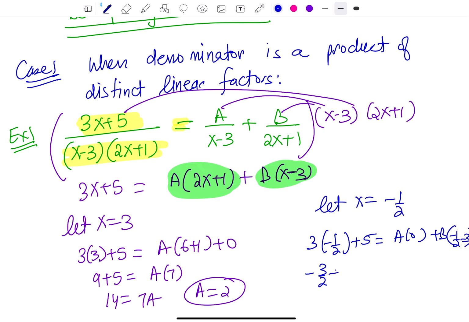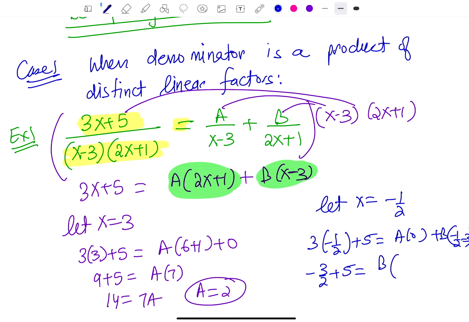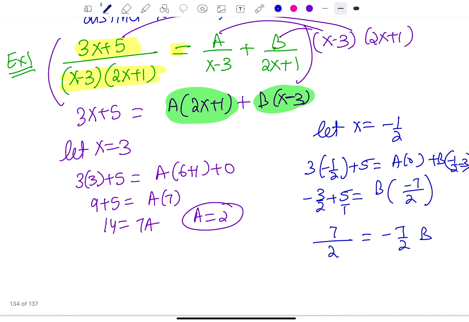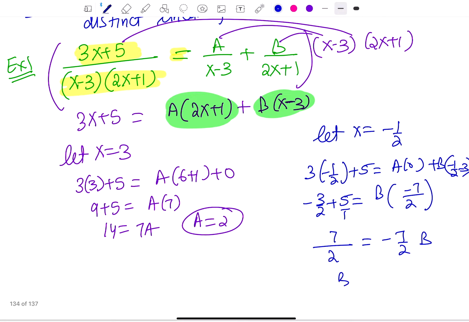So that's negative 3 halves plus 5 equals, let's combine the negative 1/2 minus 3. That would be negative 1 minus 6, which is negative 7 halves. On the left hand side, I would have 7 halves, positive. 7 halves equals negative 7 halves B. We can divide both sides by negative 7 halves, and we can see B is going to equal negative 1.